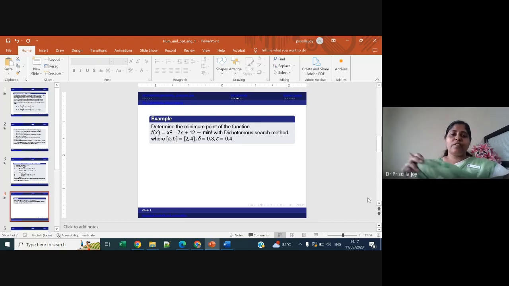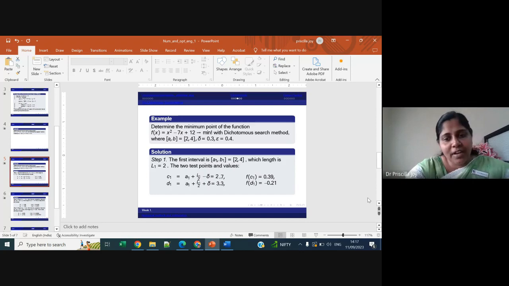Determine the minimum point of the function f of x equal to x square minus 7x plus 12 with the dichotomous search method, where a and b are given at first. The a value is 2, the b value is 4, the delta value is 0.3, and the epsilon value is 0.4.